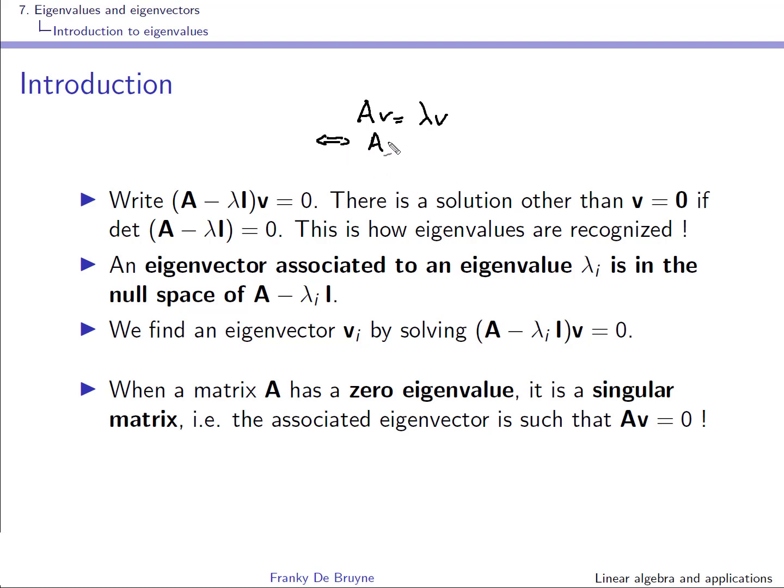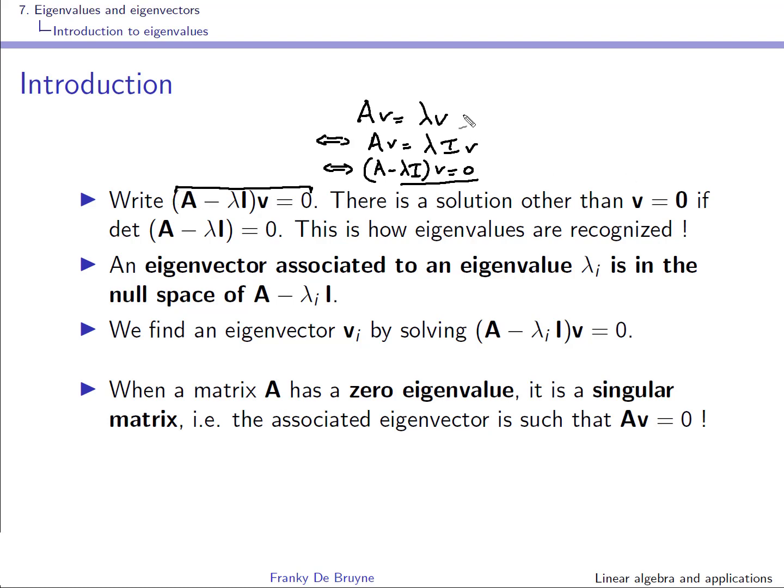Av is equal to lambda, you put an identity matrix over here, and then we bring everything on the same side and we use associativity, and you end up with this equation over here.